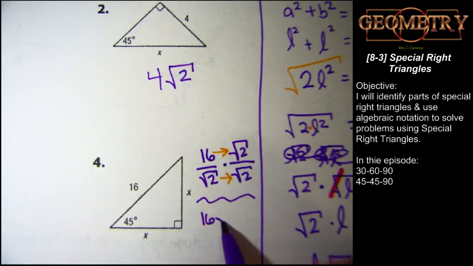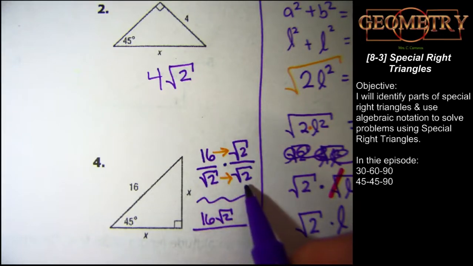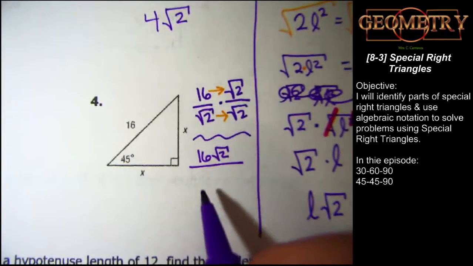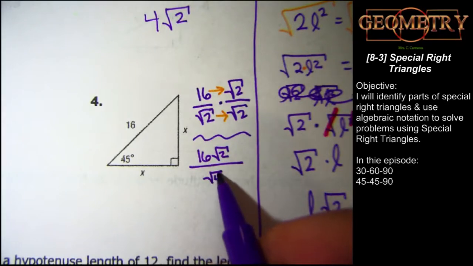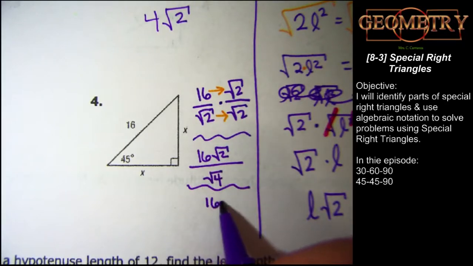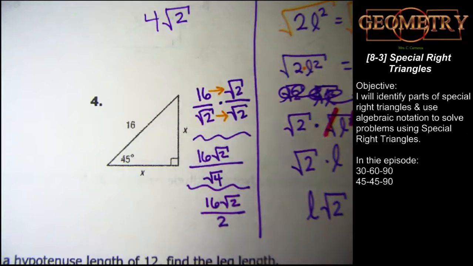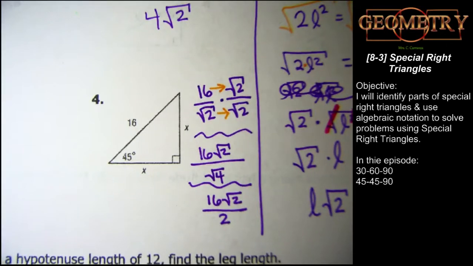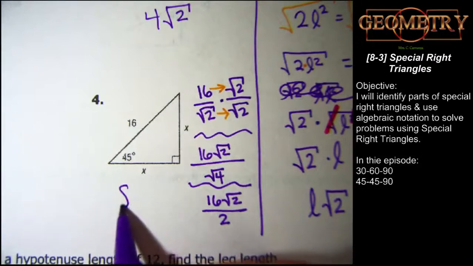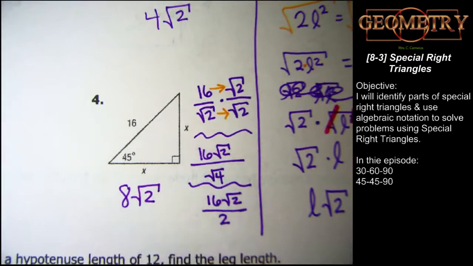So 16 square roots of 2 divided by the square root of 2 times the square root of 2, which is the square root of 4. And so the square root of 4 is 2. Can I reduce the stuff outside the radicals? Yes, I can simplify the stuff outside the radicals, and 16 divided by 2 is 8, and I'm going to leave the radical as is, and this becomes 8 square roots of 2.